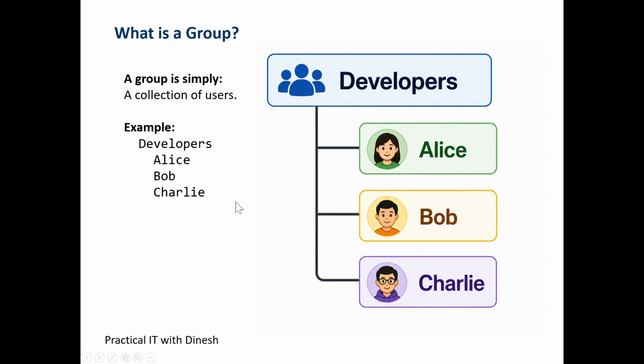Instead of giving permissions individually to Alice, Bob, and Charlie, Linux lets us create a group called developers. Now we can assign permissions once to the group, and everyone in the group gets the appropriate access. Therefore, groups make Linux much easier to manage, especially in organizations with hundreds of users.